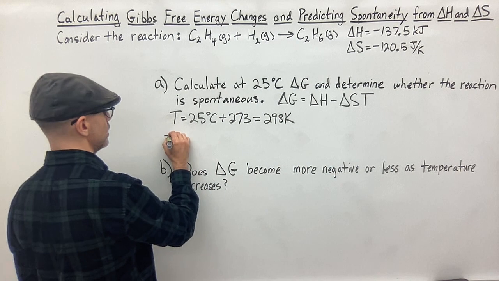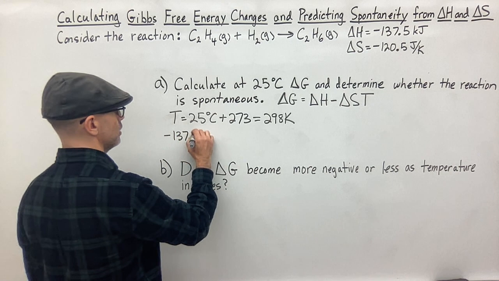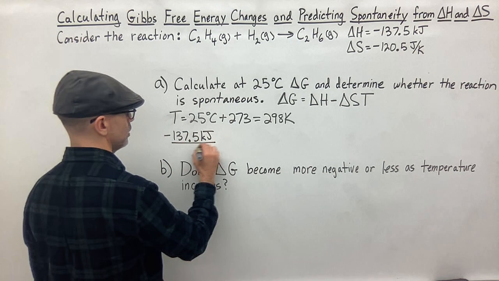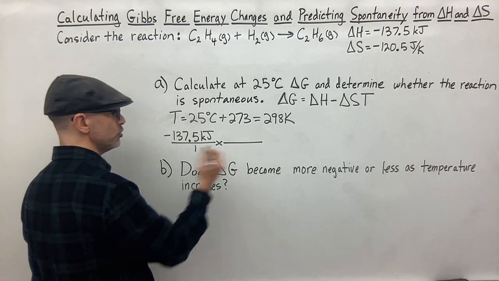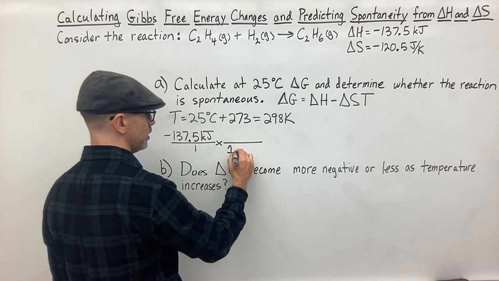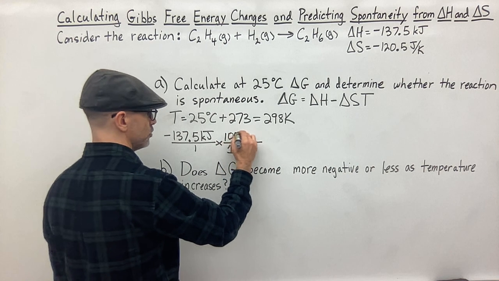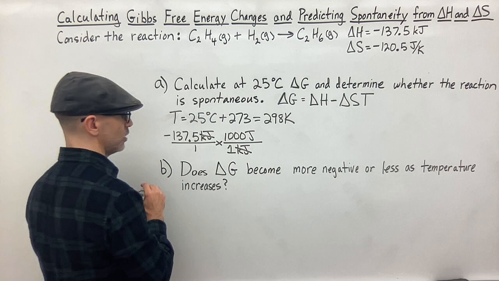So they're giving us a negative 137.5 kilojoules. We're going to use our conversion factor. 1 kilojoule goes on the bottom, 1,000 joules on top. So kilojoules cancel out.